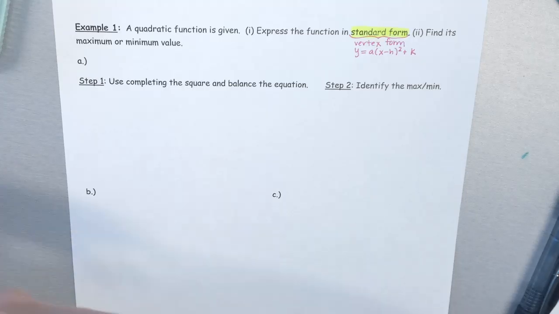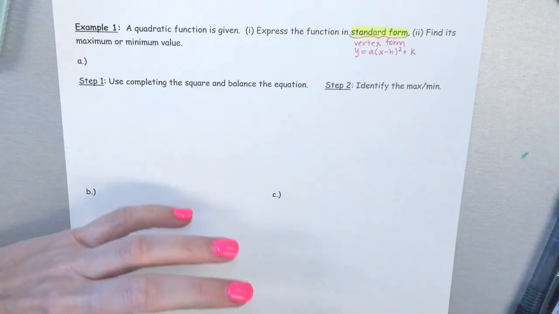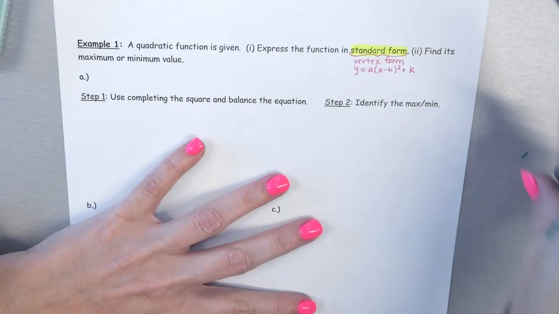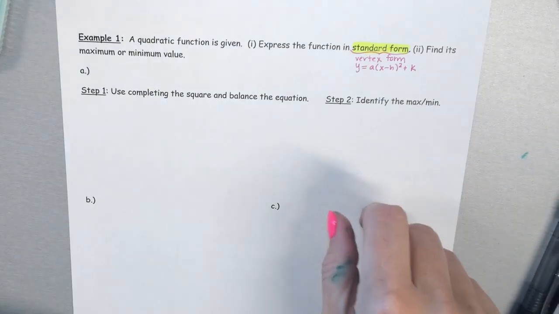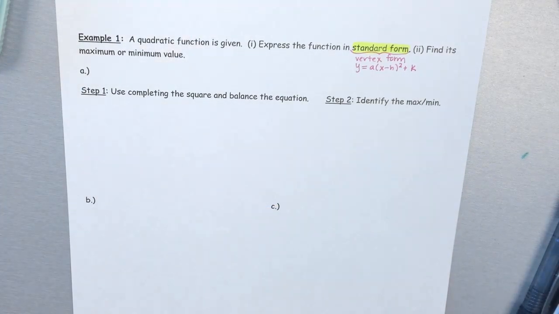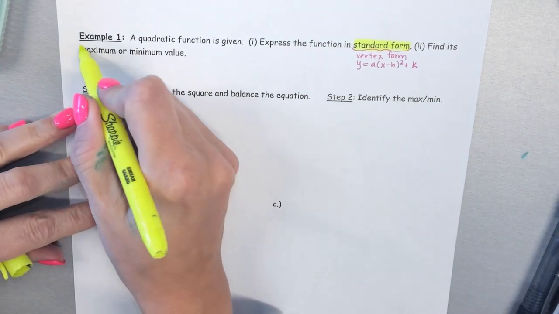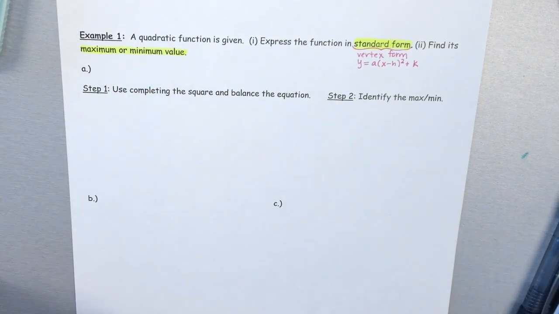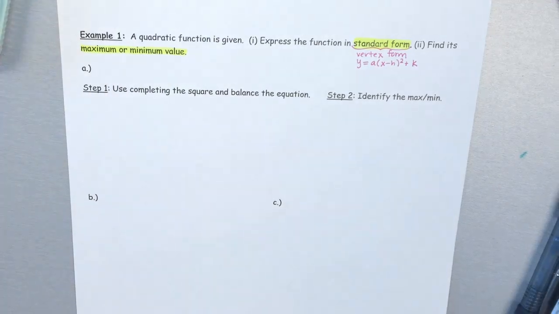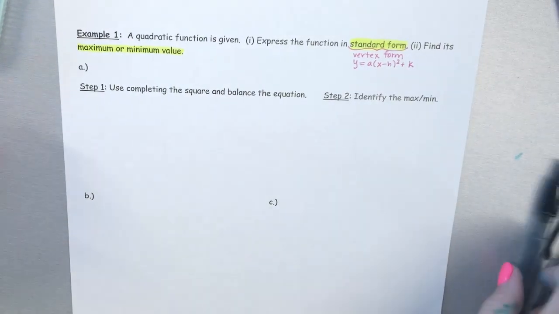And guess what? It's going to be given to you in the form f of x equals ax squared plus bx plus c. So they wouldn't just ask you to write it again. Then we are going to find its minimum or maximum value, and we're going to identify if it is a minimum or a maximum.